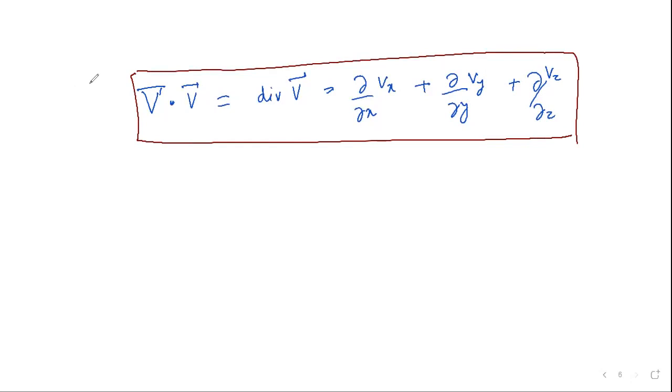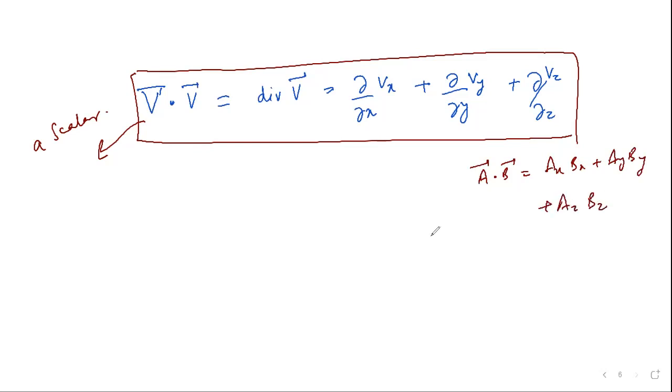Now you can see divergence of a vector field is itself a scalar. It's just like a dot product. If you write a dot b, you can write it ax bx plus ay by plus az bz. Similarly, dou by dou x is x component of del, vx is x component of v.